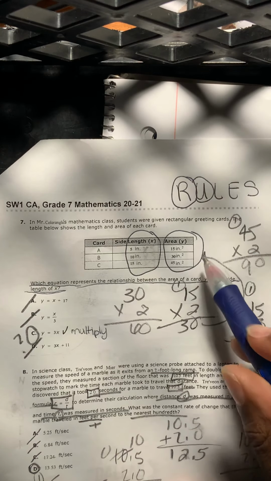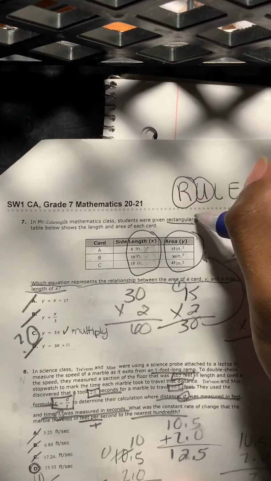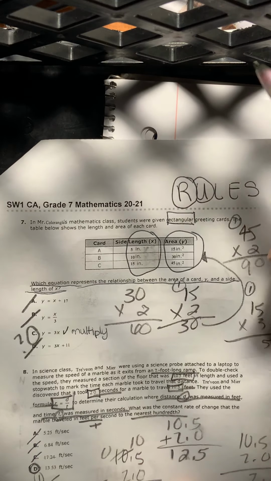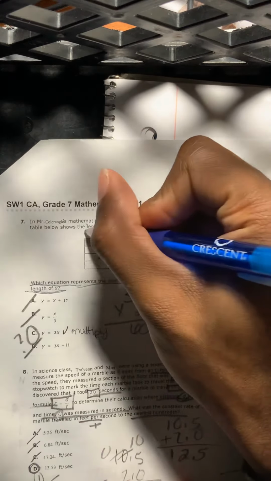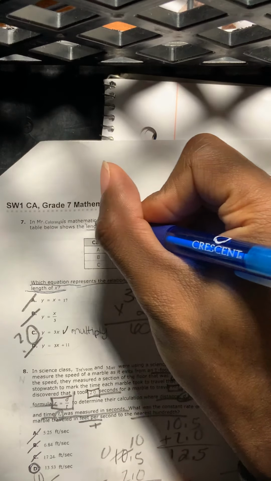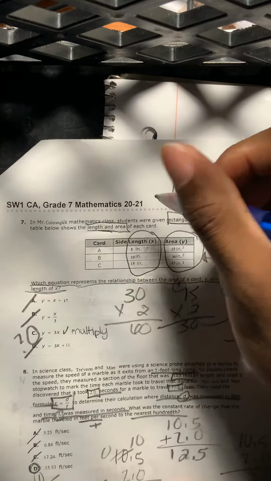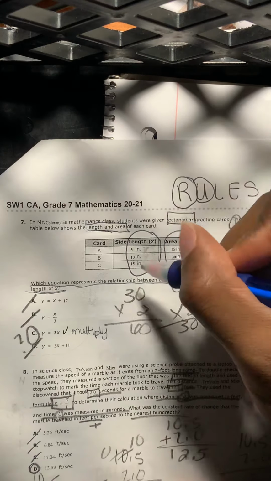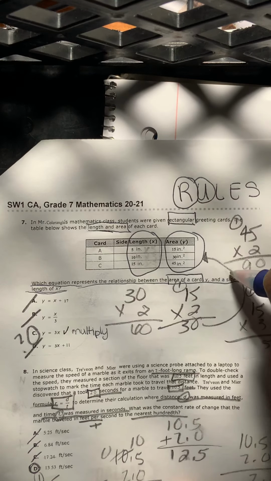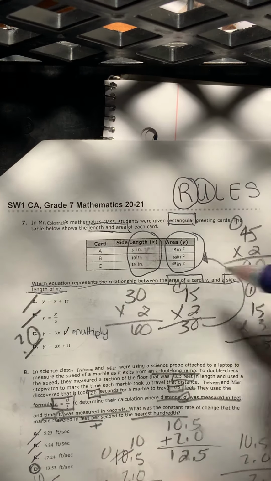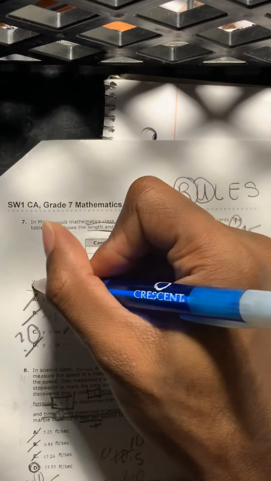The table below shows the length and area of each card, and it represents the relationship between the area of a card Y and a side length of X.